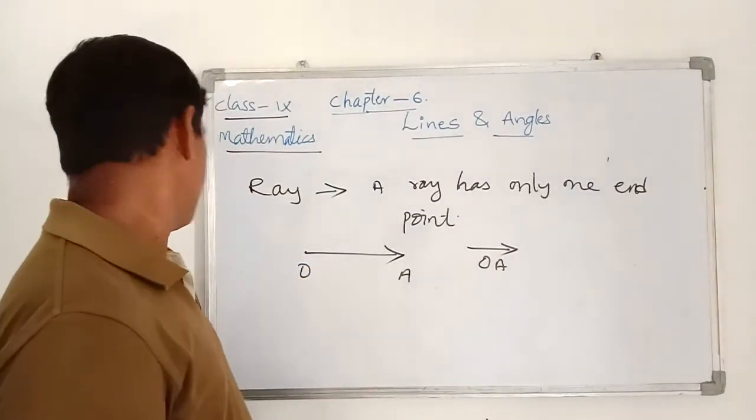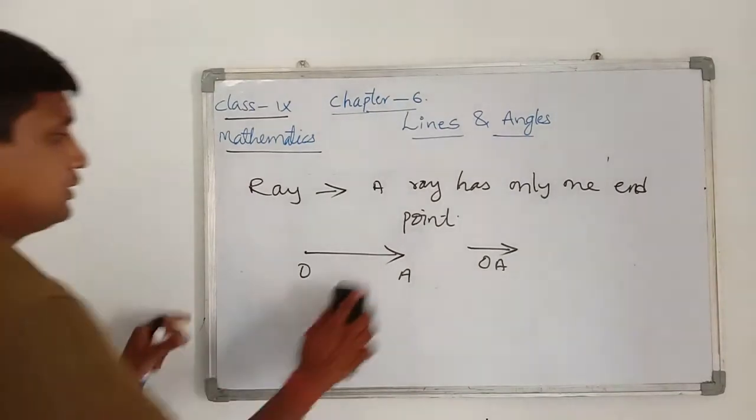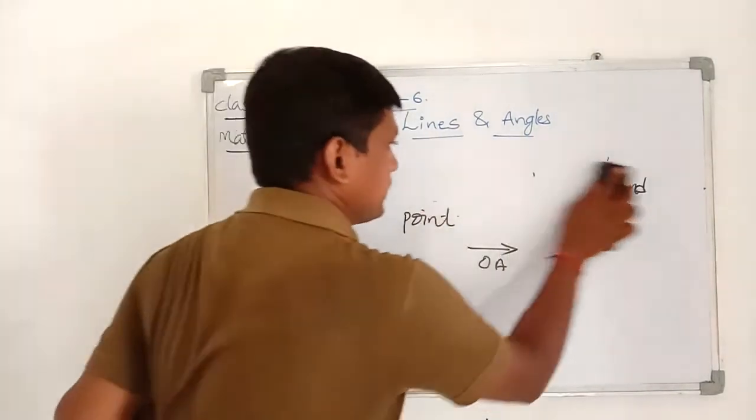The next one is collinear points and non-collinear points.